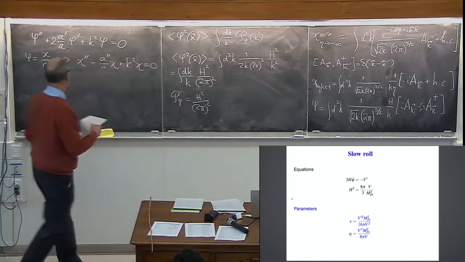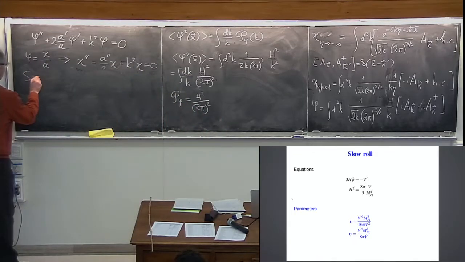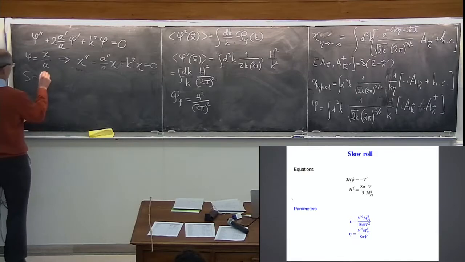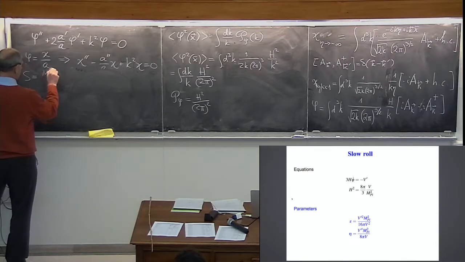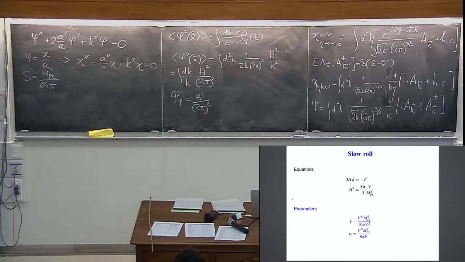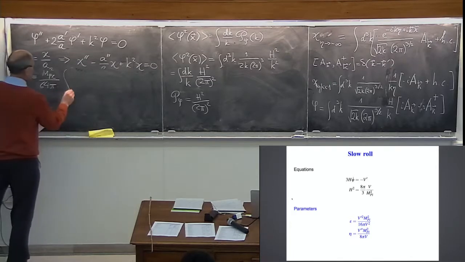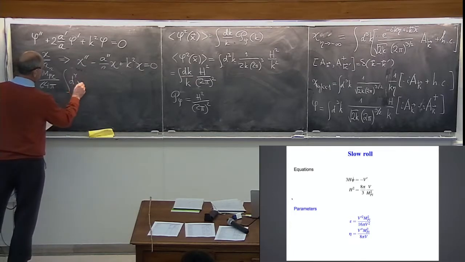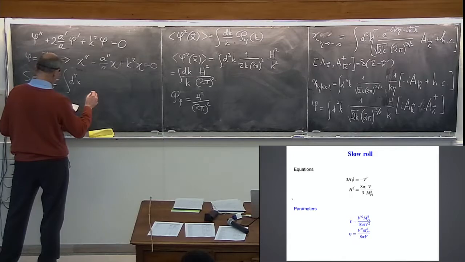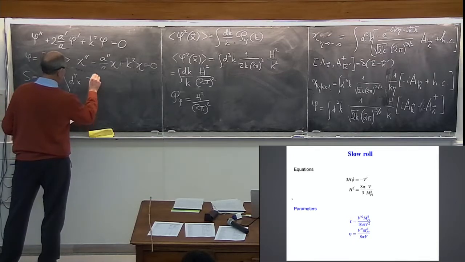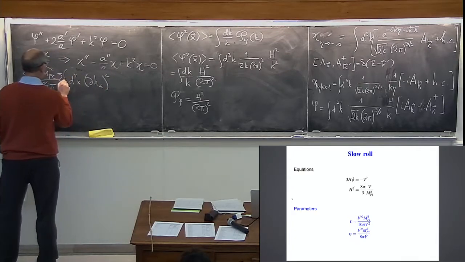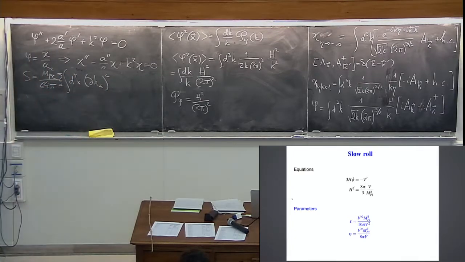Remember, that was my claim in one of the lectures, that the action for the metric perturbations is M_Planck squared over 64 pi, integral of d4x, sum over alpha of the derivative of h_alpha squared, where alpha is the polarization index.